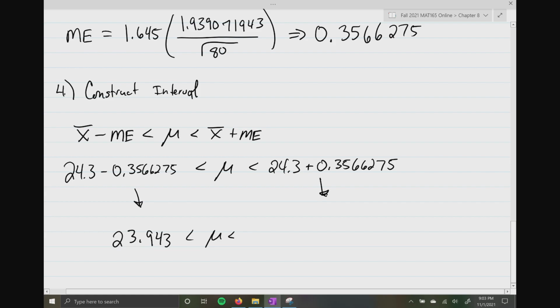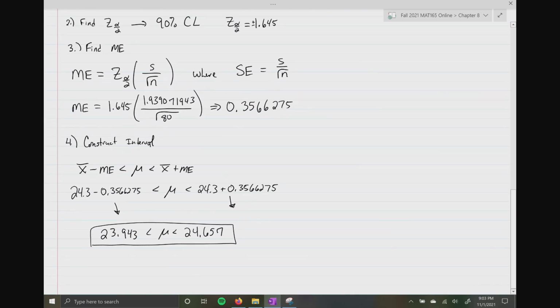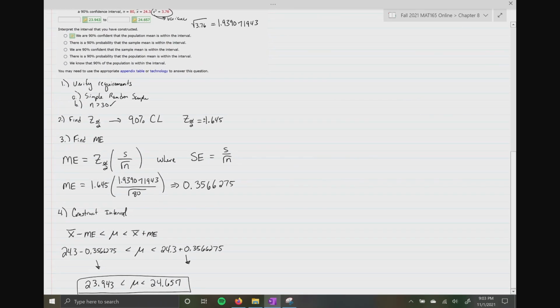And then my upper limit is going to be 24.3 plus my margin of error, which is 24.657. And once again, like I said, I rounded to 3 decimal places. So if I zoom out and just compare my answers with the ones that are listed, 23.943, check, and 24.657, check. So I'm good either way.